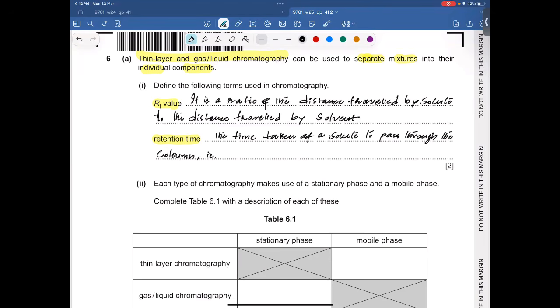That is the time taken of a solute to pass through the column. That is from the point of injection to the point of detection.